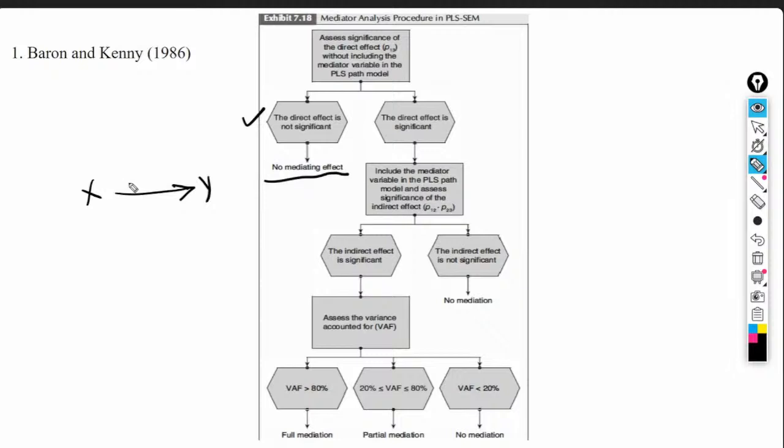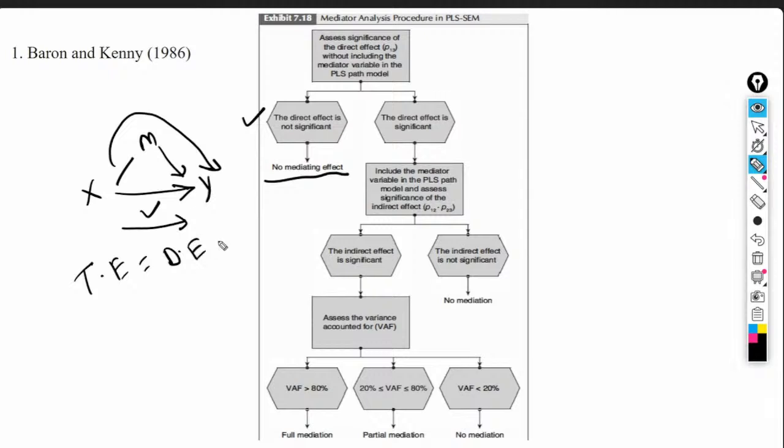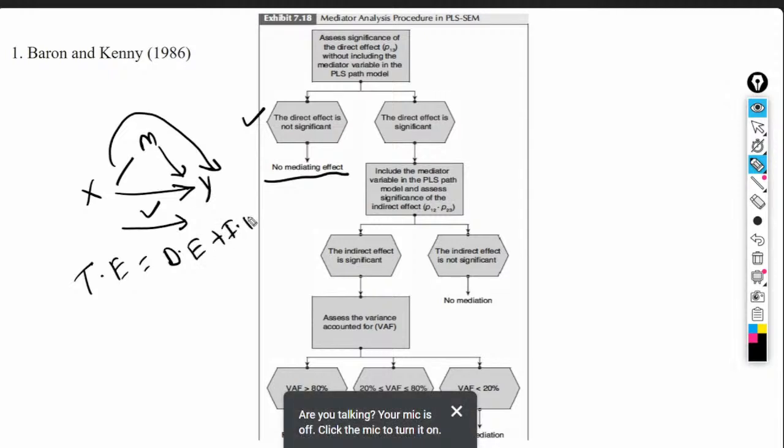Second, if the direct effect is significant, then we will add the mediating variable. We add this mediating variable in our study, and then we check this indirect effect. This is the indirect effect, and this one is the direct effect. So total effect equals direct effect plus indirect effect.